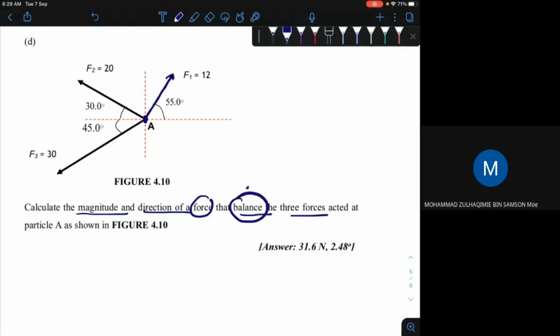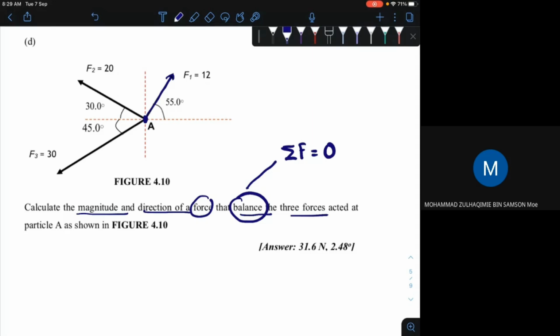Okay, apa maksud balance adalah? Bila kamu tambah force kena sama dengan kosong. Excellent. Yes. Itu maksud balance. The summation of force must equals to 0. Okay.